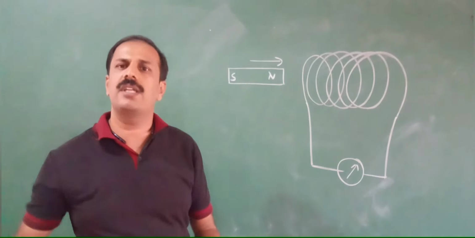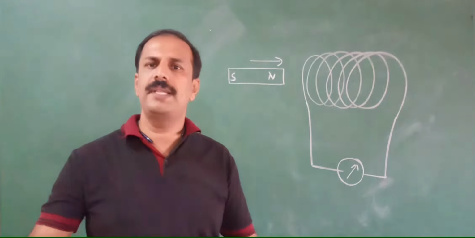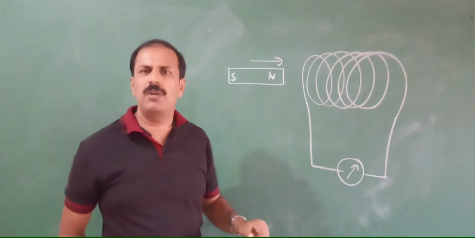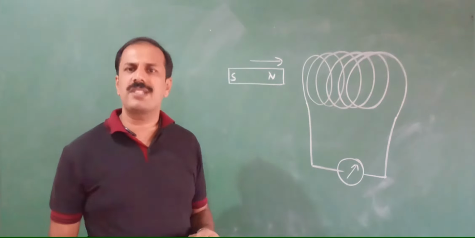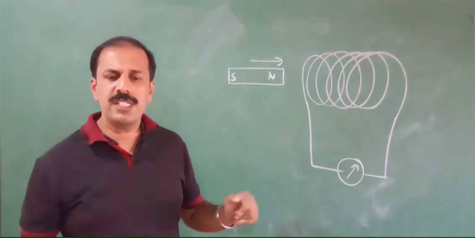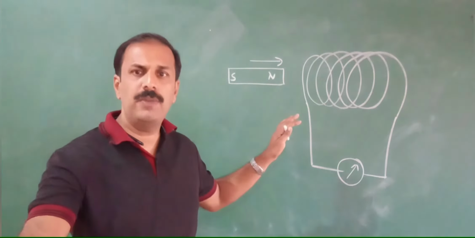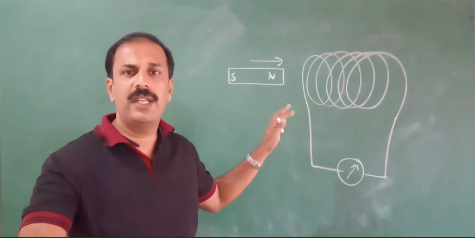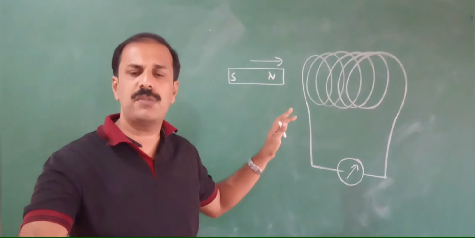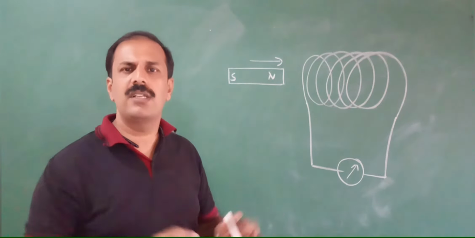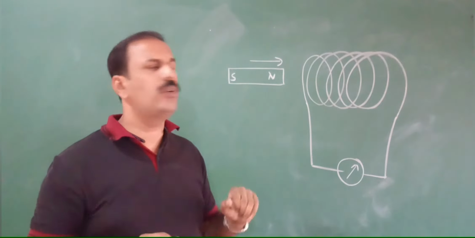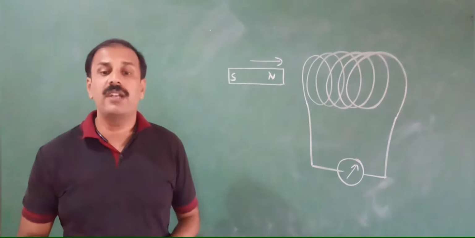That is another topic, and this year it is deleted from the syllabus, so we will not discuss it, but you should know the generator works like this. You should be very careful about this first part: when the direction changes, what happens, and the main thing is that there should be a relative movement, then only the current is produced.